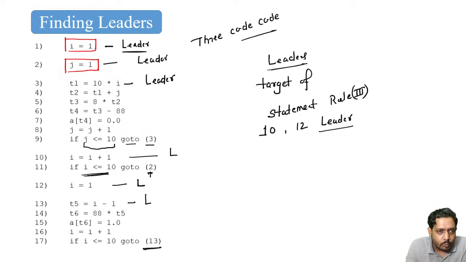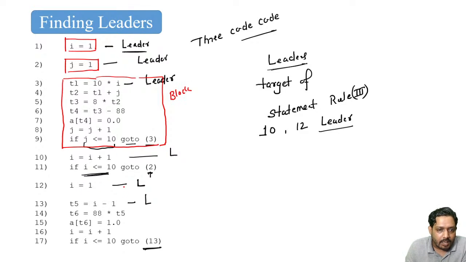And 3 continues until you get a new leader. After 3 you get the new leader at statement number 10, so 3 to 9 all belong to a single block. So 3 to 9 will be one block.